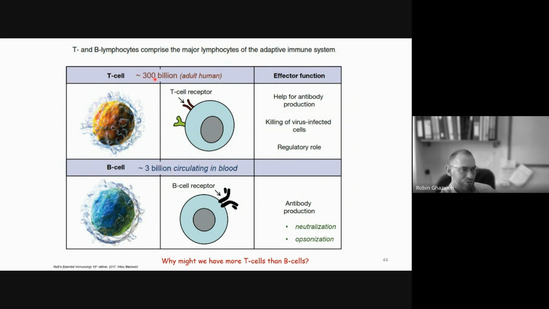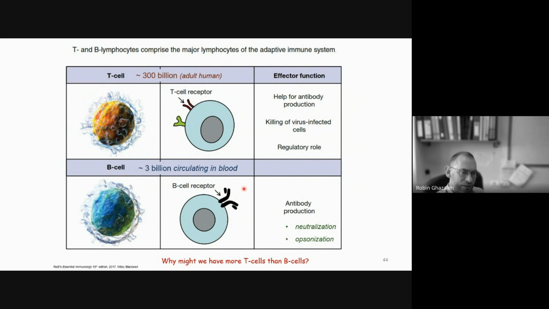Okay, I'll give you some numbers here, but those are very, very big numbers. And the amazing thing about these cells is that these receptors, the B cell receptor, it's called the B cell receptor when it's on the surface of the B cell. In its released form, then we call it an antibody. So antibodies are the same as the B cell receptor, except that the B cell receptor has a little tail, which enables it to be embedded into the membrane.